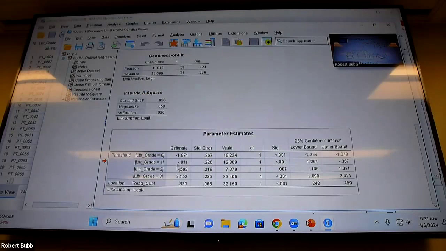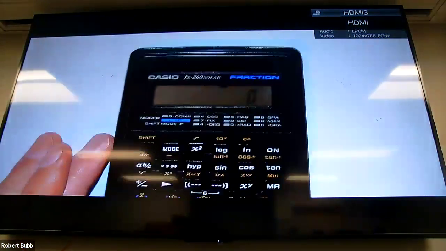Okay, so generally not so much interested in the thresholds. We are interested though in the coefficient for our prediction equation. You're going to notice here that it does not give you a conversion for the odds ratio. So you have to do that yourself. And you can just break out your handy dandy scientific calculator.